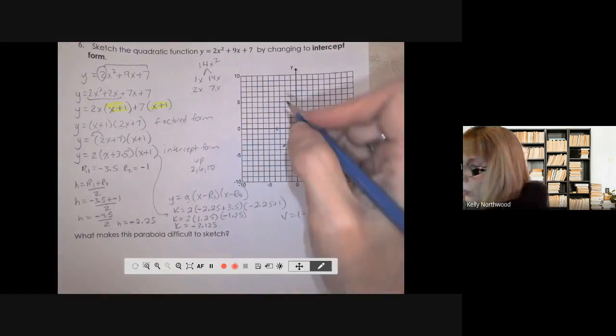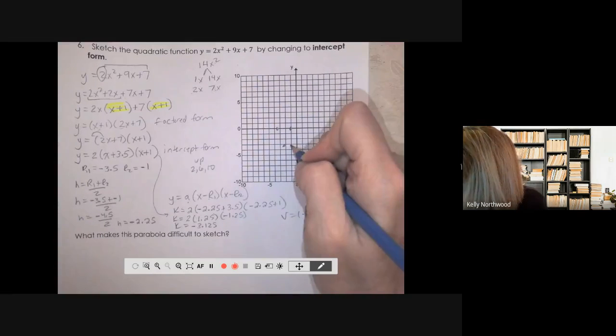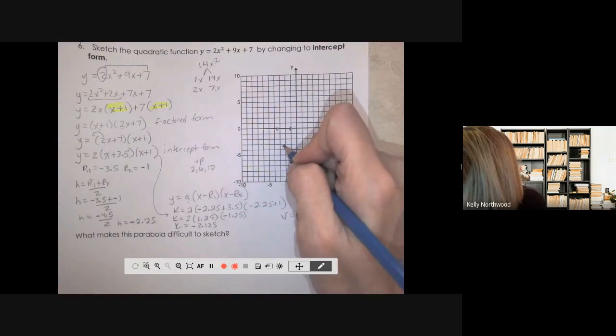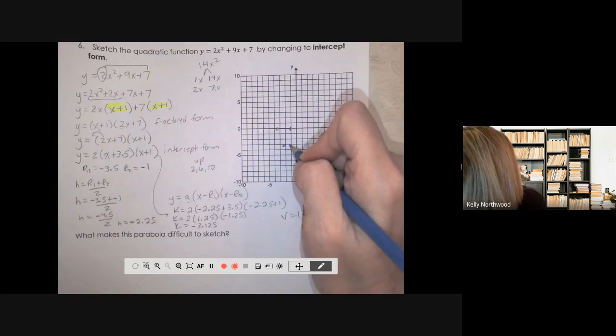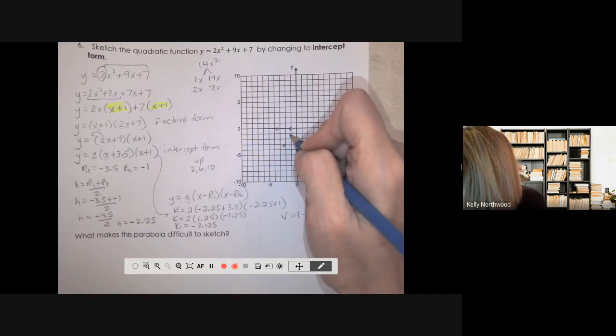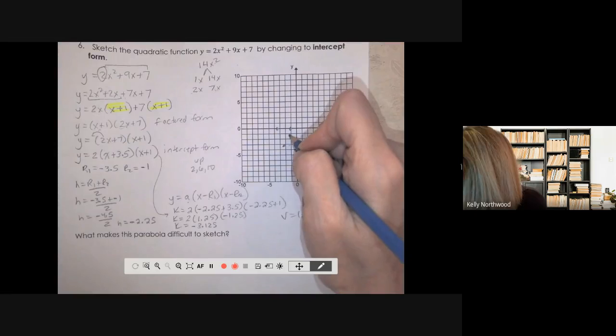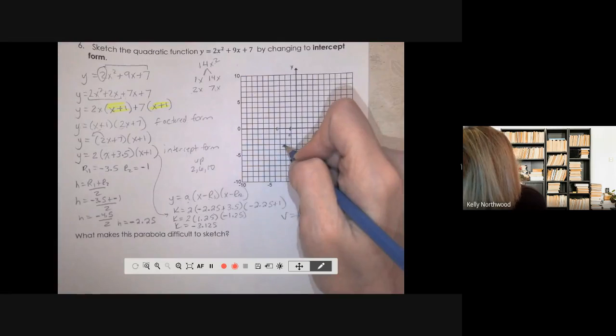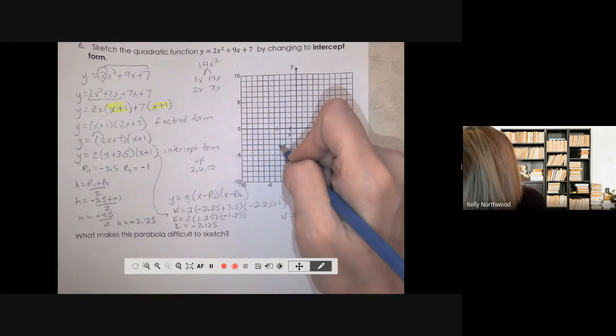So if we go over 1, we'd be like here. So this is a quarter of the way into this square. So over 1 would be a quarter of the way into the 1 square. Up 2 would put us right here. And then here over 1, we're going to be a quarter of the way into this square.